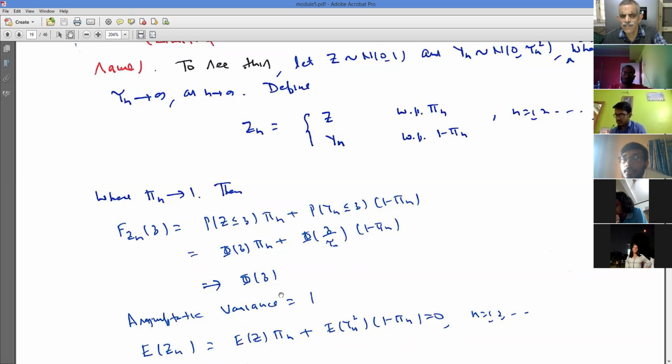Doesn't matter. You can always play around with this. You can always multiply it by this and divide it by this. So that is not that important. You see, the idea of this example is, when you did probability theory, I said Zn. The idea of this is to explain that if Zn goes in distribution to Z, that does not necessarily mean that the expected value of Zn goes to the expected value of Z. Right?